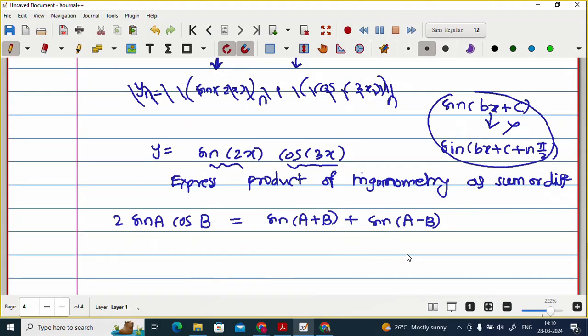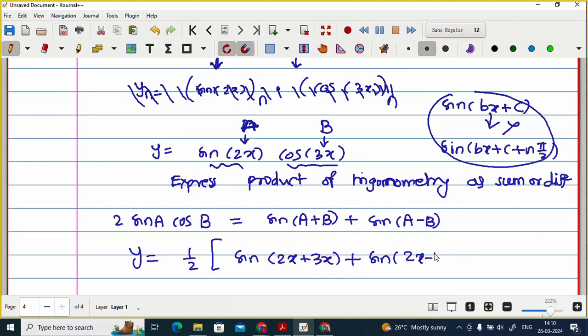By using this, here our a is 2x and b is 3x. So y will be equal to, shifting this 2, 1 upon 2 into sin of 2x plus 3x plus sin of 2x minus 3x.